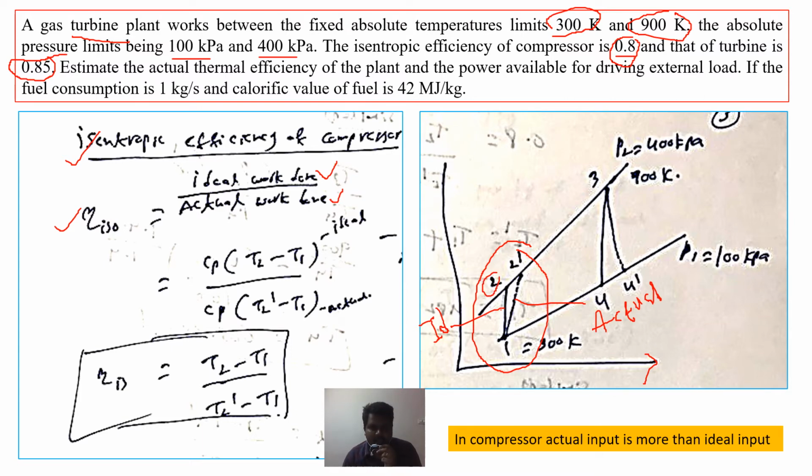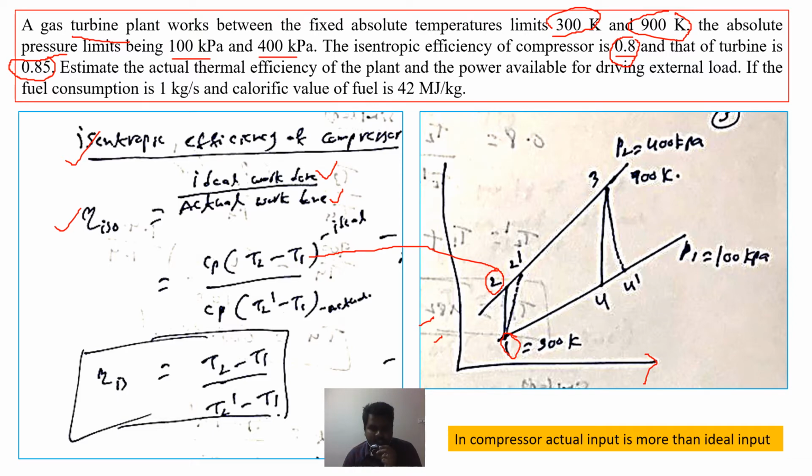So we can write it from the TS diagram. Ideal work is 1 to 2, so I have written here Cp into T2 minus T1, divided by actual work done by the compressor.